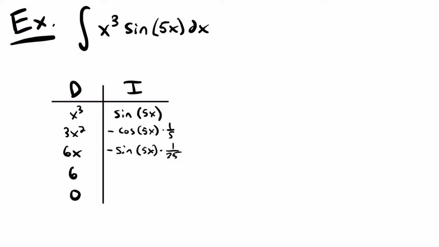And then if we integrate again, the integral of sine is negative cosine, so now that negative is going to cancel out with that new negative. So we're just going to have positive cosine of 5x times 1/25.